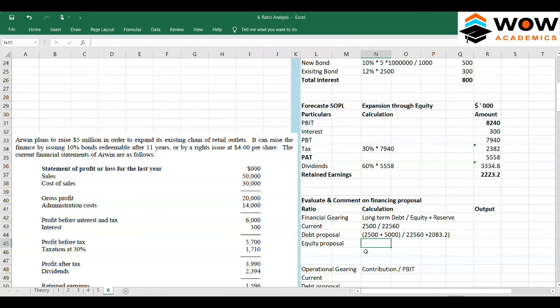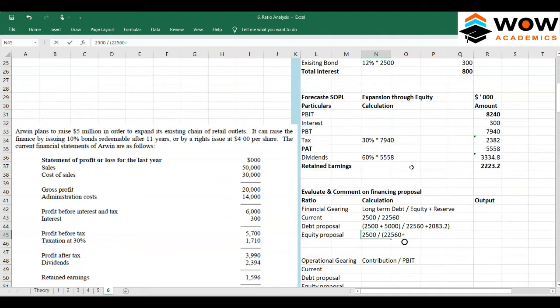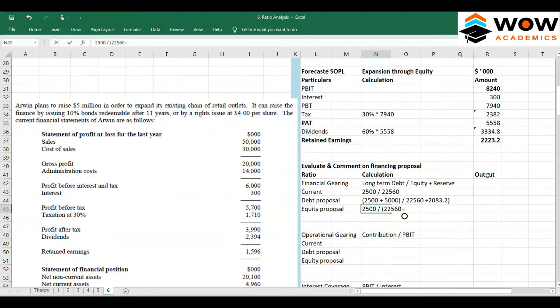Let's get the equity proposal. In equity, the long-term debt is the same, but the equity and reserve will increase. How much will it increase? It will increase by what we calculated. We have calculated it already here. It is 222.3. Okay, by that it will increase. So it is 3.2, right? So we can get the answers directly.